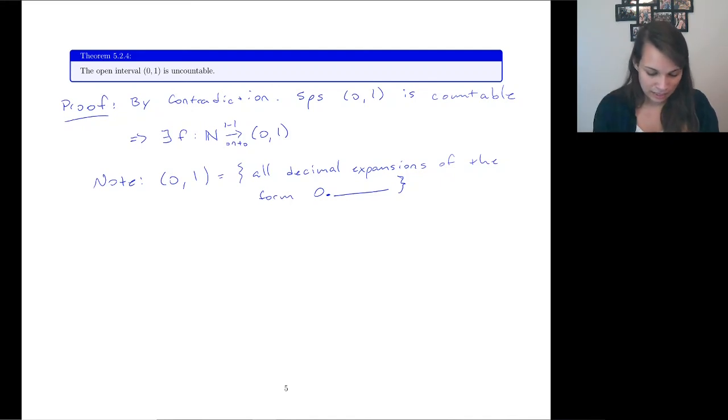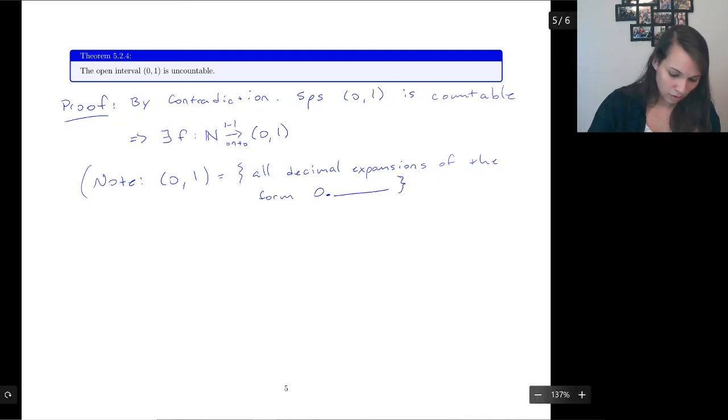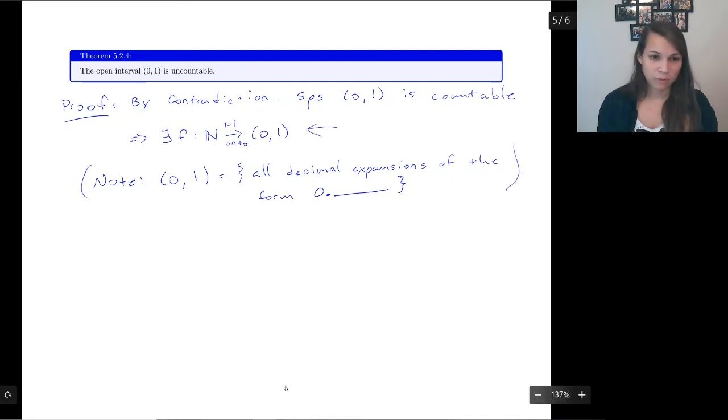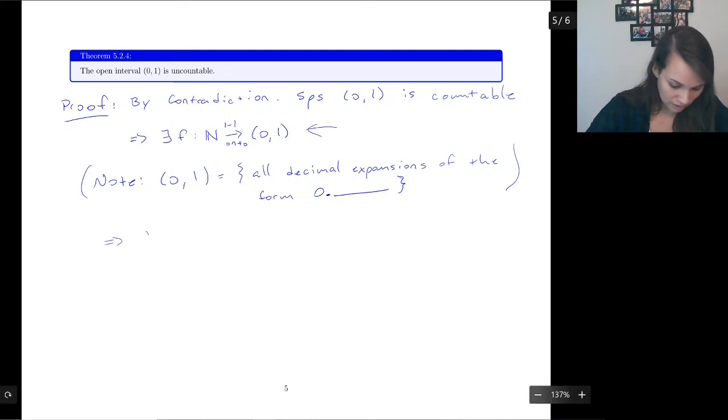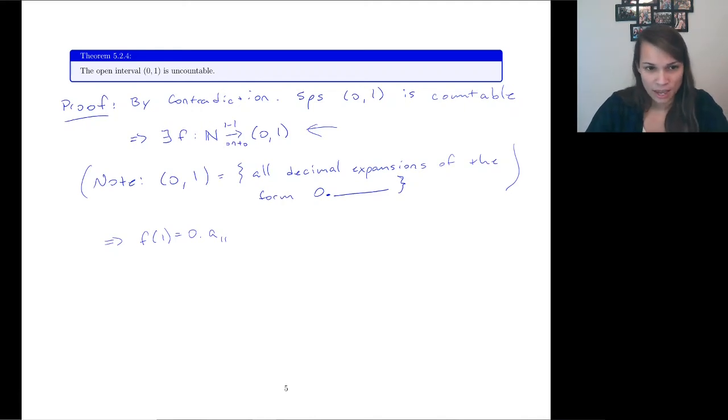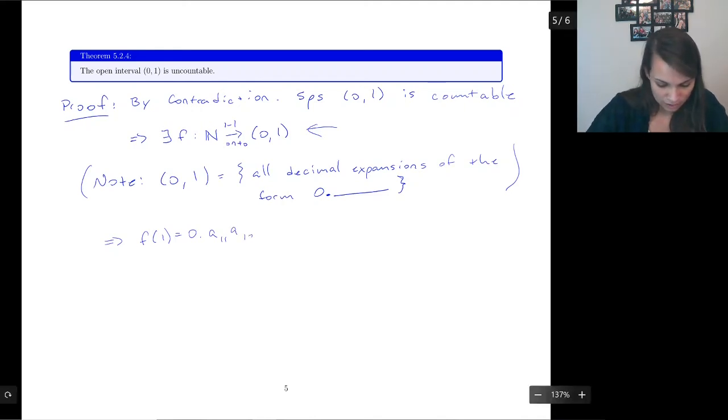So since it is countable, we have this function, which means I can list this stuff out now. So that means f of 1 is going to be equal to 0 dot, and I'm going to say 1. The first digit is A11. Second digit is A12. Third digit is A13.